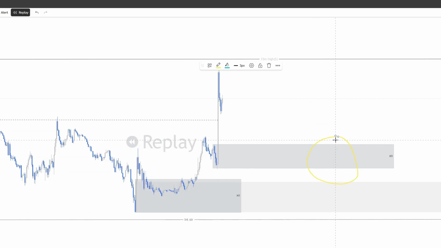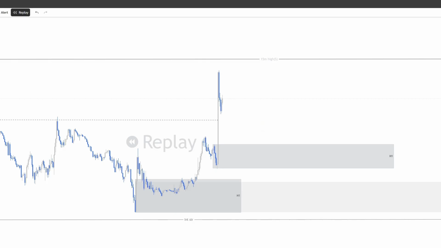Once price mitigates this demand zone, then I can go in for my trade. We are still on the lower time frame, okay? And we are waiting for price to pull back into this demand zone. Then we can look for a buy and target this high.